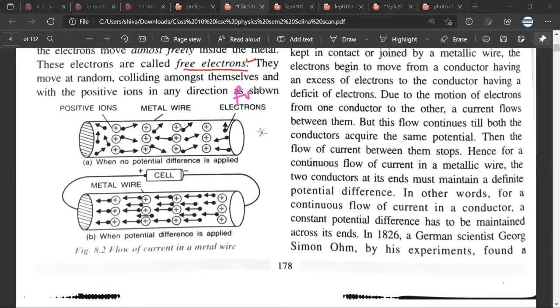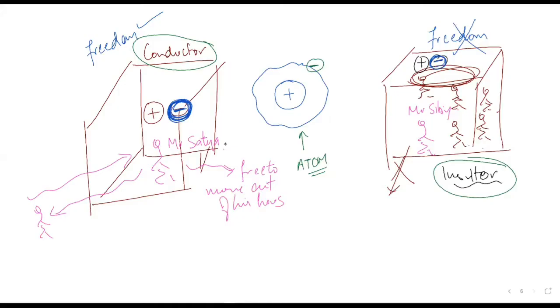In copper, the free electrons are allowed to go this side, this side, this side, because they are free, that is why whenever required, they would be able to conduct electricity. Is it making sense, Mr. Satya? Yes, sir. Now this Mr. Satya is free. So if you want bread from the market, or you want eggs from the market, or you want milk from the market, Mr.